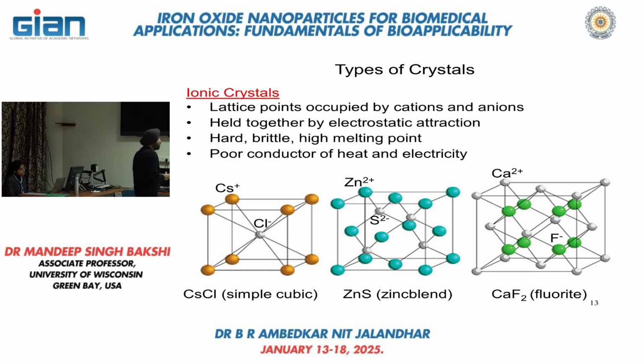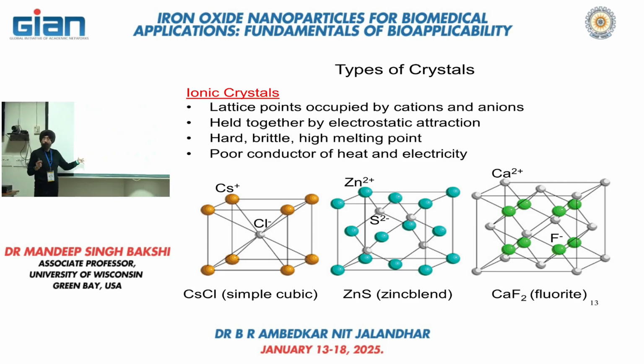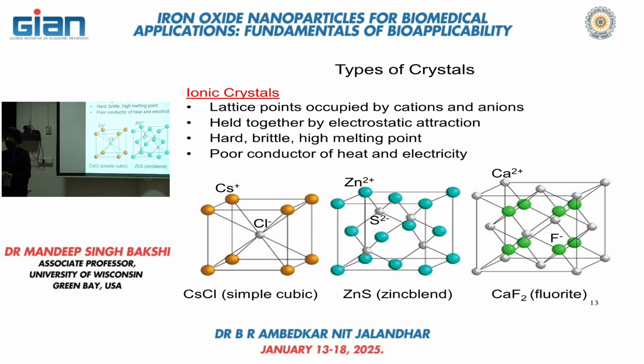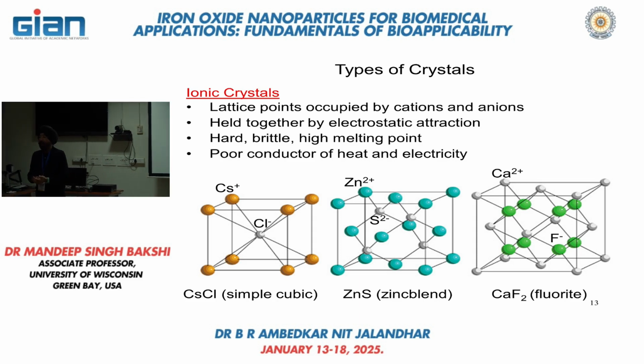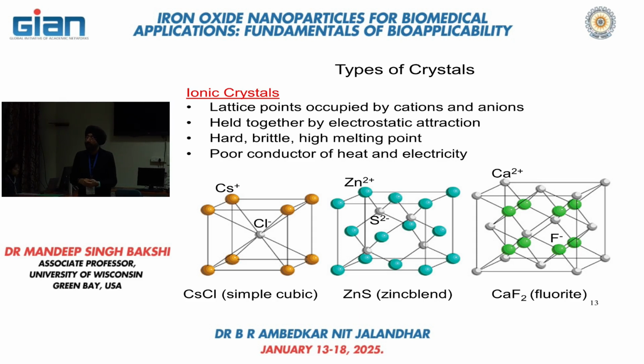Whenever you see the crystal structure and the unit cell of a salt, salt is a common term for an electrolyte made up of 2 oppositely charged ions in any ratio.